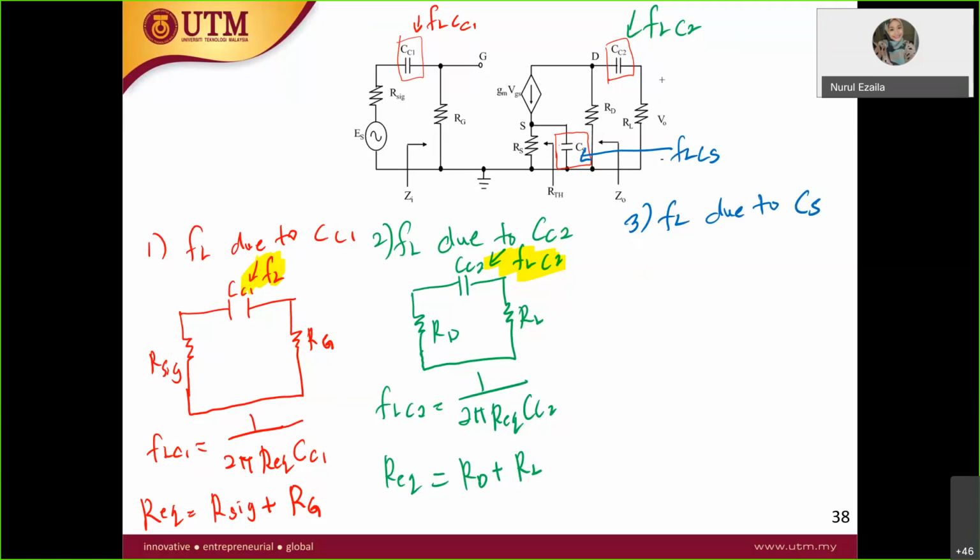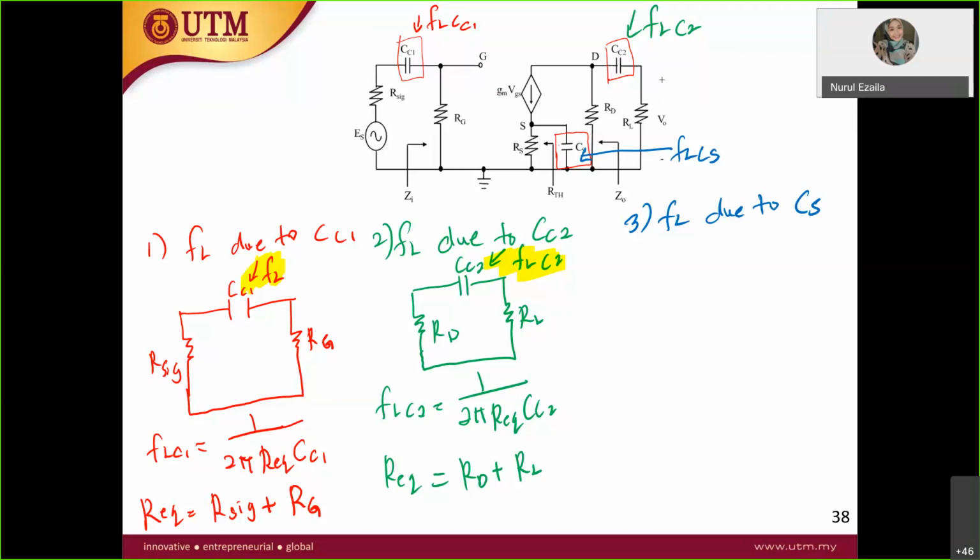How do you solve the Z out in common emitter? It is the same like common emitter unbypass, if you still remember. It is the Z test.